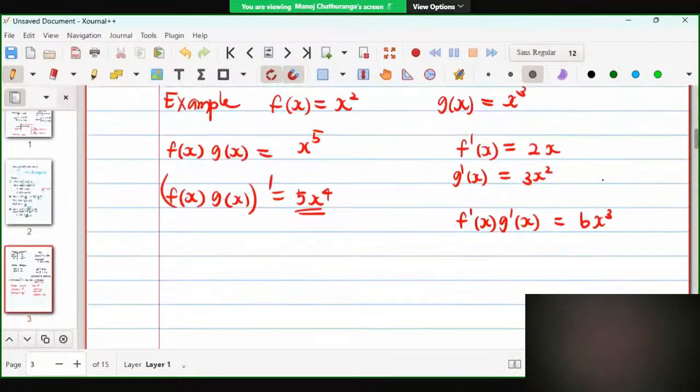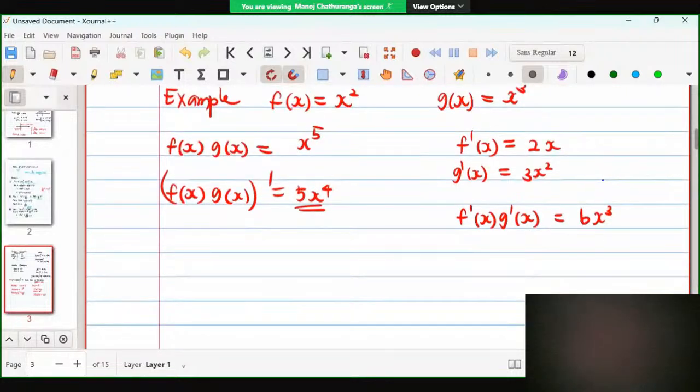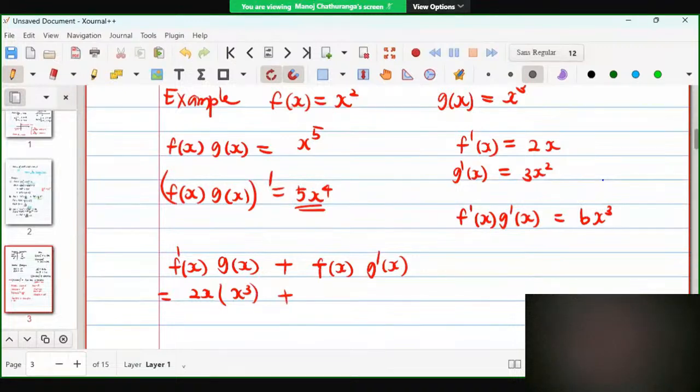But if you compute the right-hand side of the product rule, f prime g plus f g prime: f prime is 2x, then g is x to the third, f is x squared, g prime is 3x squared.